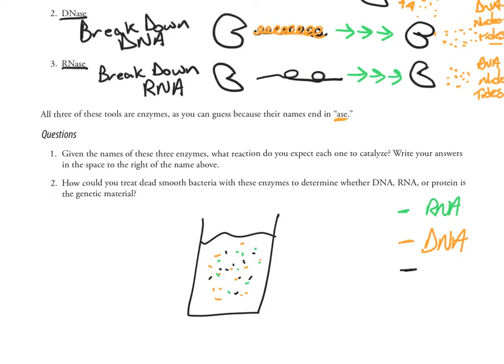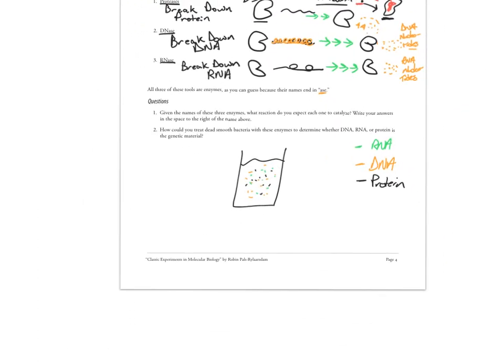And the black were protein, what experiment could you design using those 3 enzymes we just talked about to see if DNA, RNA, or protein was the genetic material, the stuff that changed or transformed the rough bacteria into the smooth bacteria?